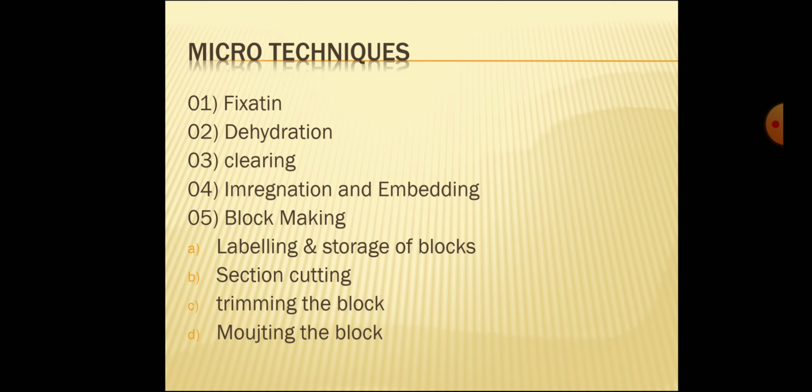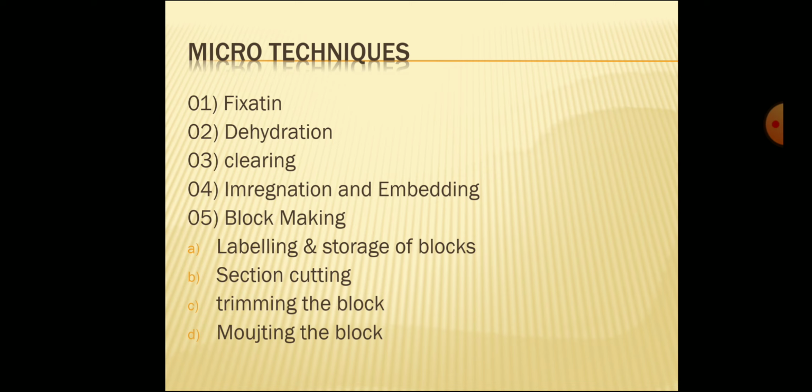For cold impregnation, the wax is dissolved in xylene to make a saturated solution, and the tissue is kept in the saturated solution, changed 3 to 4 times after 10 minutes. This process is called cold impregnation.